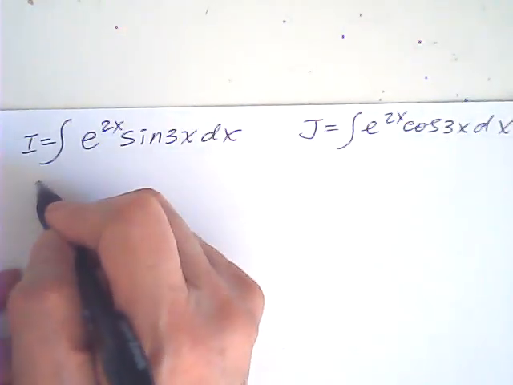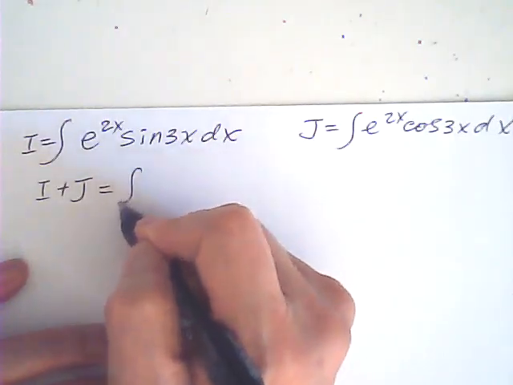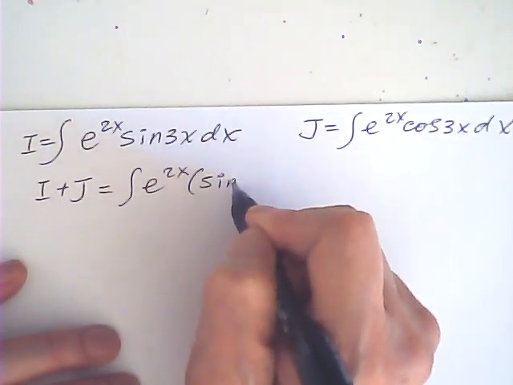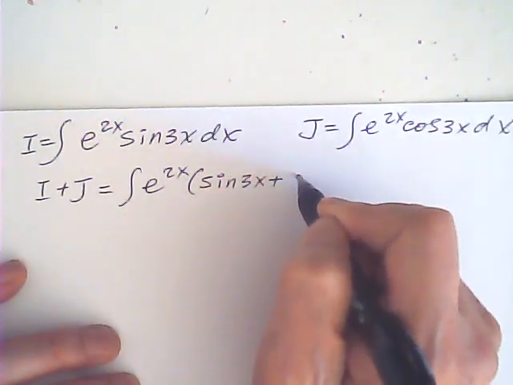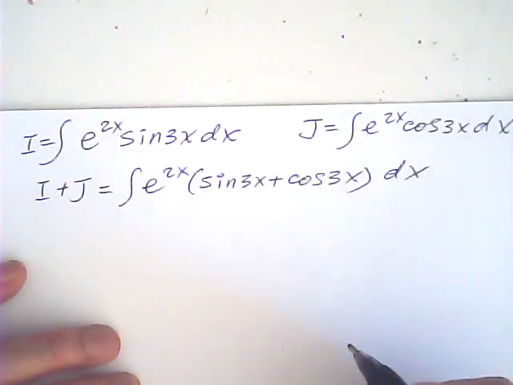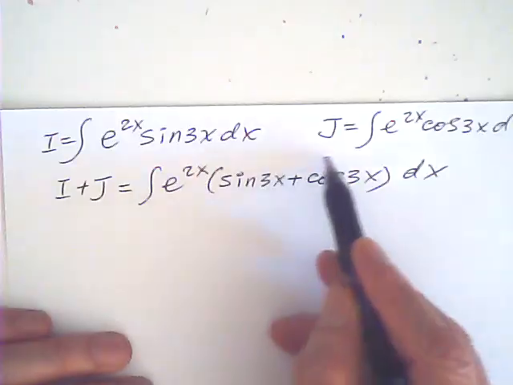Then my I plus J would be equal to the integral of e to the 2x times sine 3x plus cosine 3x dx. Then I consider this as my dv.